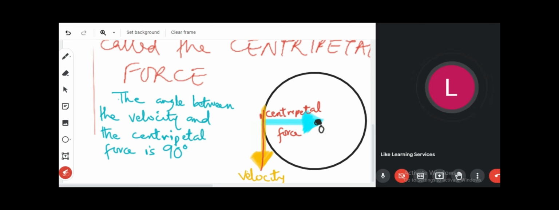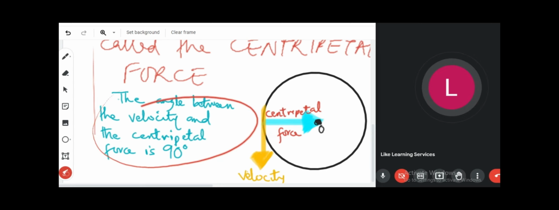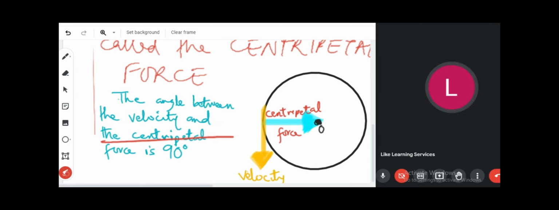Now the direction of the velocity and the direction of the centripetal force make an angle of 90 degrees between them. The blue line is the direction of the centripetal force, and the yellow line is the direction of the velocity. So this velocity is at a tangent to the circular path. We call it tangential velocity.